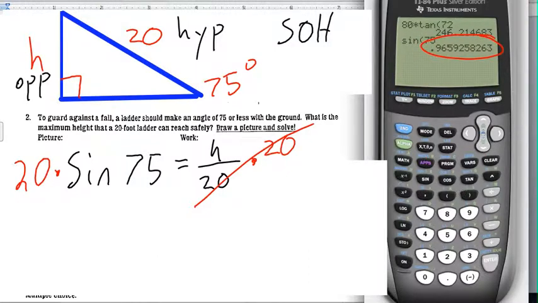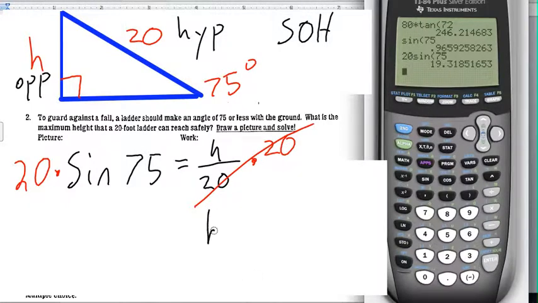So that's why it was so important for me that we wrote this down the first few days. But we also know that it's important to be accurate. So the best way to do this is not to write it down as a decimal and then type it back in. The most accurate way to do this is to say 20 sine 75 and get a value.